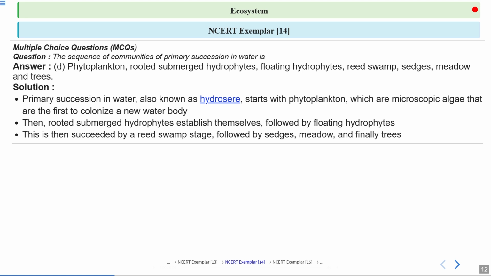Eventually, the land becomes drier, allowing shrubs and trees to take hold. If the climate permits, a climax forest forms. Okay, clear? So after submerged hydrophytes, next will be the reed swamp stage, followed by sedge meadow, and finally trees.